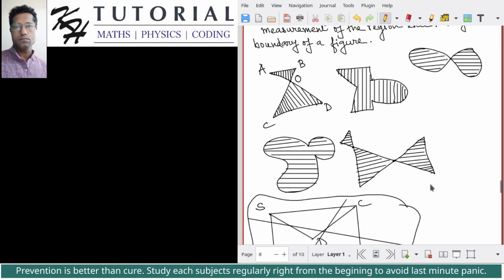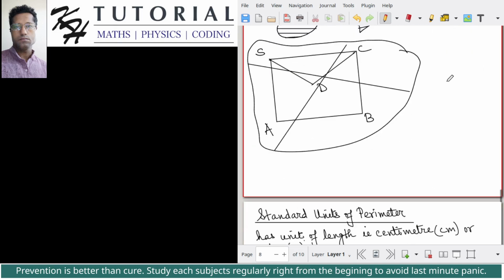Let me draw a few more examples. Let's say I draw this figure. So this is a curved figure. Okay, let's say this is a circle.